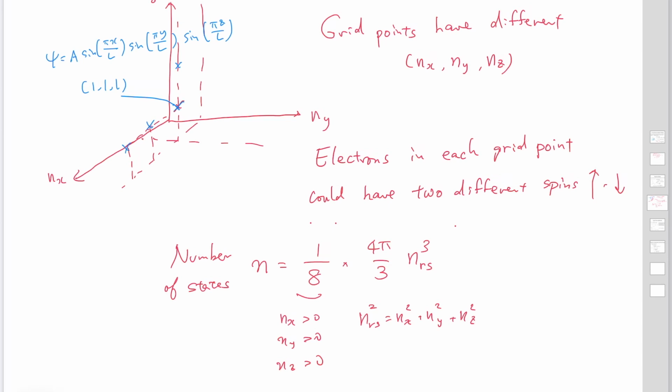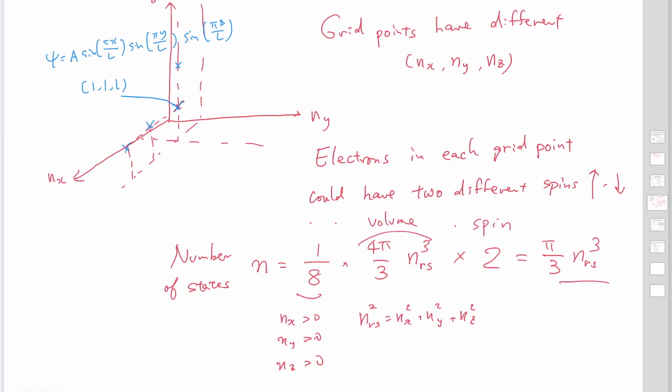This corresponds to the volume. If you count the volume, it becomes the number of states, the number of grid points you can find. And then you have to multiply by 2 because we have spin, up spin and down spin. So the number of states you can calculate is pi over 3 n_rs cubed.